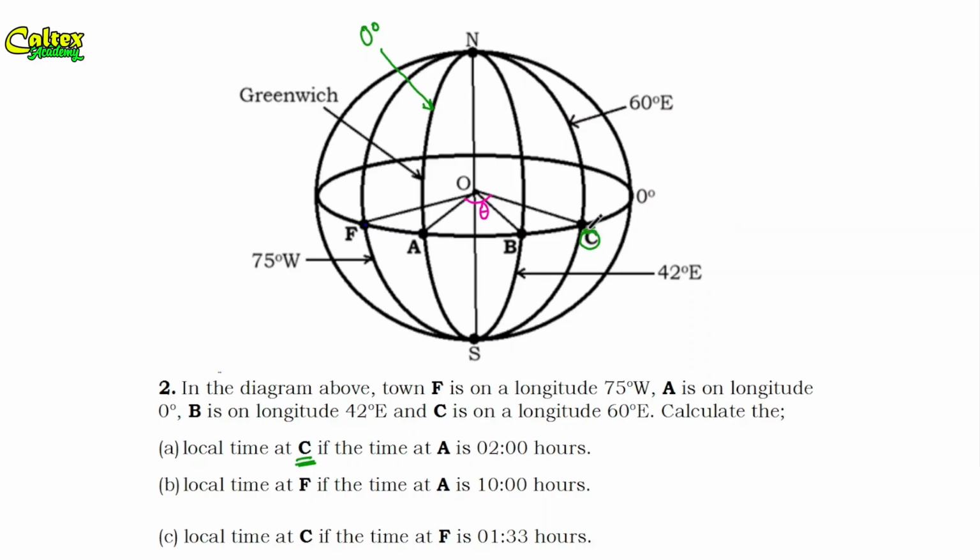They are in the same system here, so we have to subtract the degree at A away from degree at C. So let's say the angle difference theta is calculated by subtracting 60 degrees minus 0 degrees. And of course, it remains unaffected because 0 will have no effect.